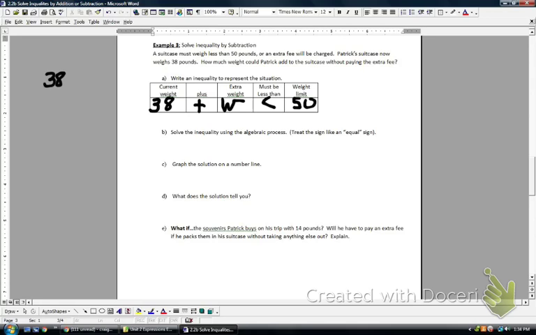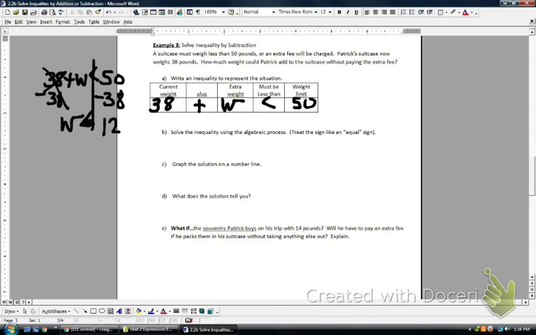So I have 38 plus W is less than 50. Subtract 38 from both sides. 50 minus 38 is 12. And that should be a less than sign.